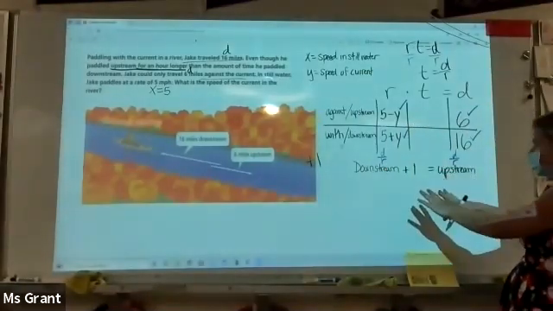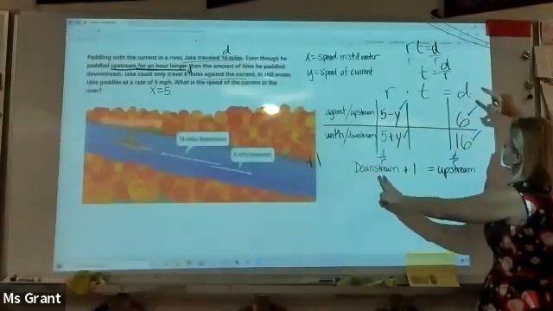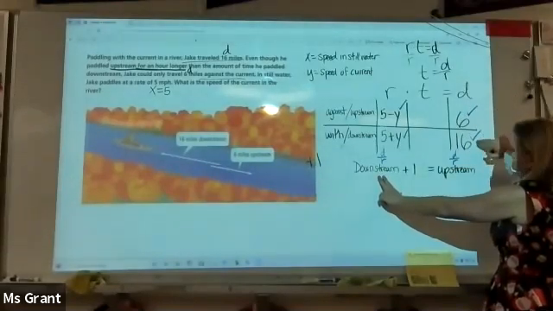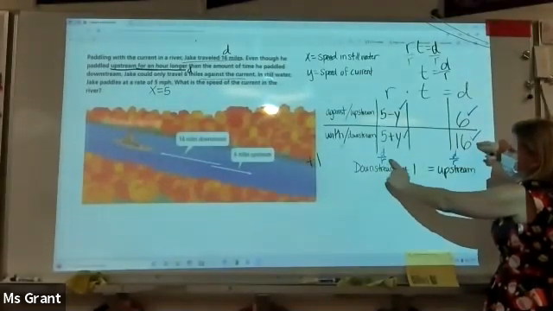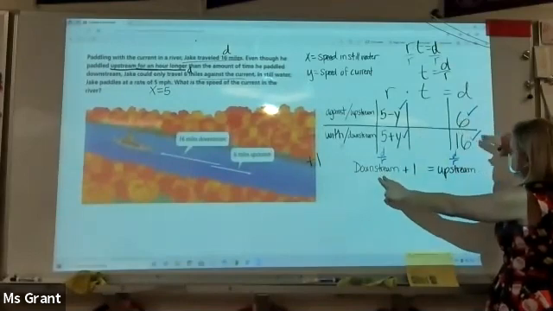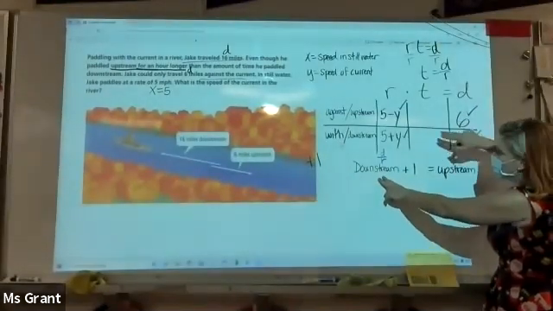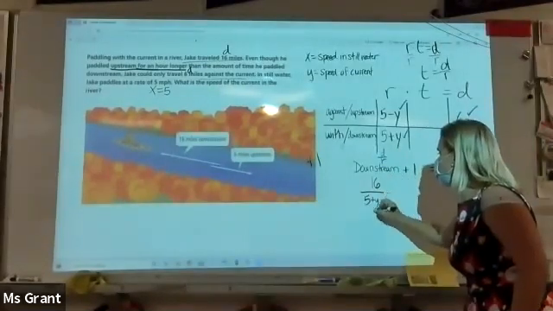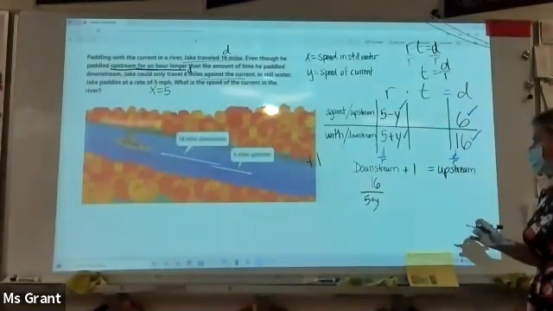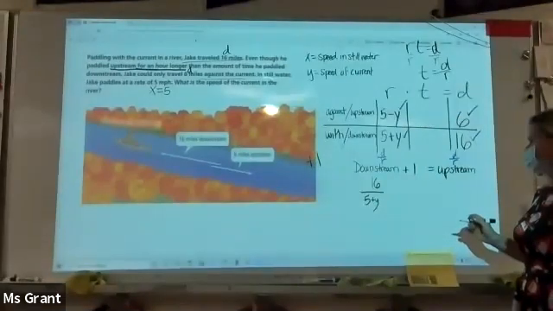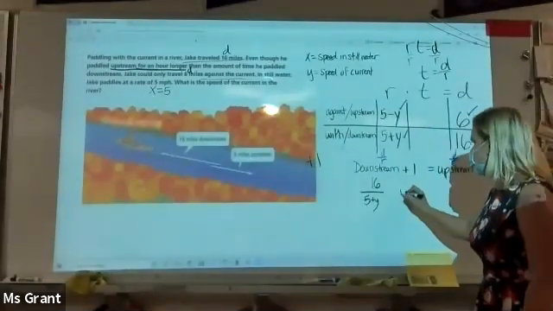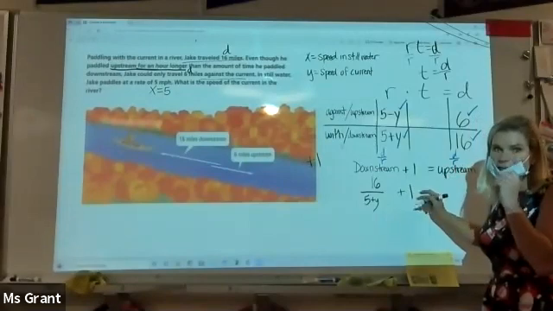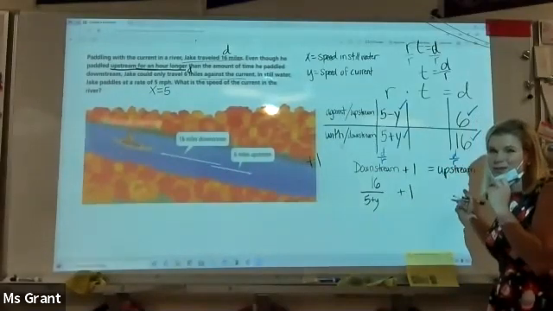So distance downstream, 16 divided by rate, 16 on the numerator, 5 plus y on the denominator. Plus I have to add an hour to equal the amount of upstream because upstream took a long time.